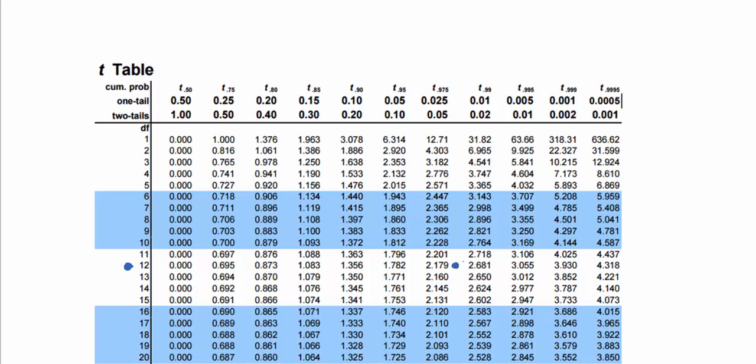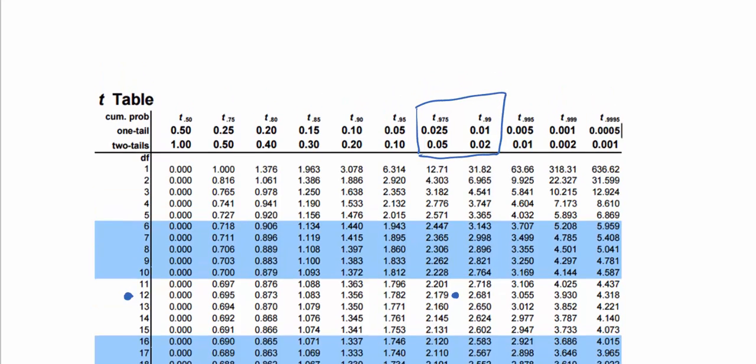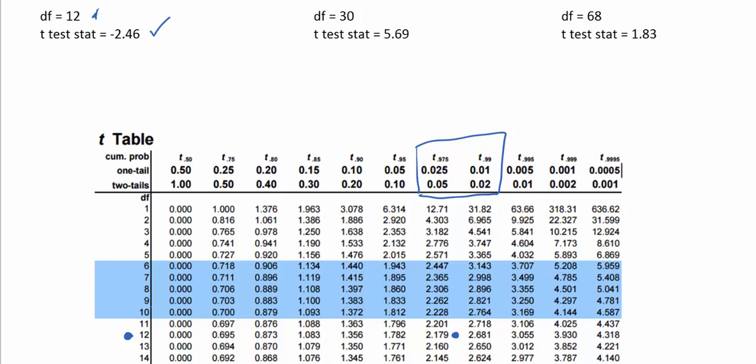Our test statistic was 2.46 for this example, the absolute value anyways, and we see that it falls between these two values, 2.179 and 2.681 on the table. If we scroll up to the top, we notice that that corresponds to these p-values, or significance levels.